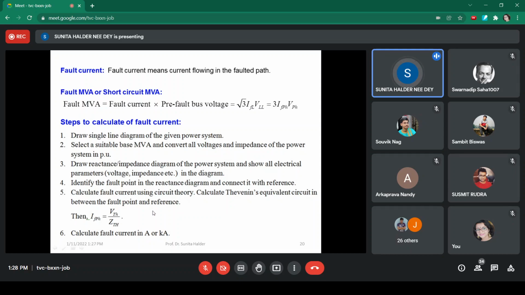You can use any circuit theory as well as the Thevenin equivalent circuit; Thevenin equivalent will make your calculation easier. Then all the fault current calculation will come in per unit. Then we have to convert it into ampere or kiloampere depending on the base current of that particular fault condition.